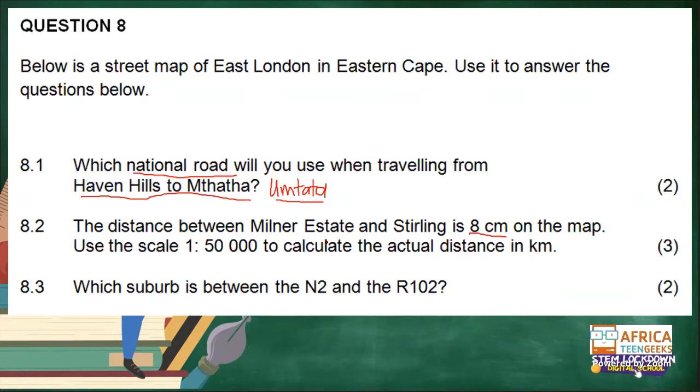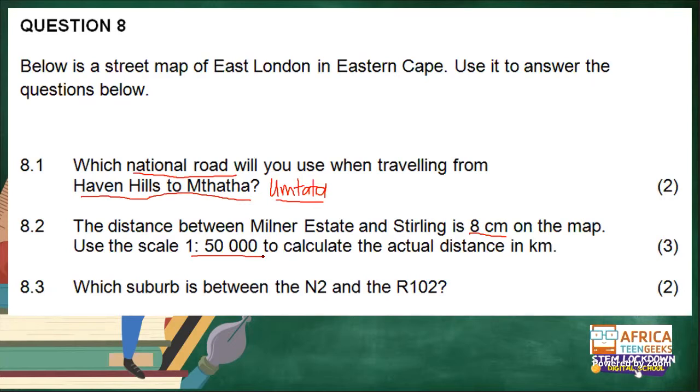Okay, in this example, you don't need to measure on the map because the length on the map has been given to you as 8 centimeters. And the scale is 1 is to 50,000, right? So tell me, what is the actual distance in kilometers?